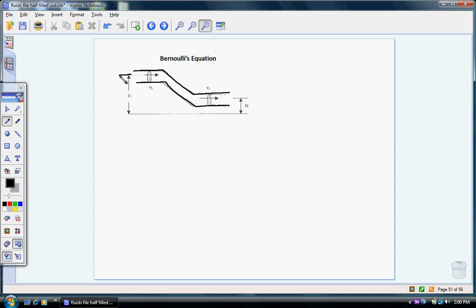The altitude over here from here to here, y1, from here to here, y2. If you look at a cross-sectional area over here, the velocity through there, v1, the velocity through another cross-sectional area over here, v2.